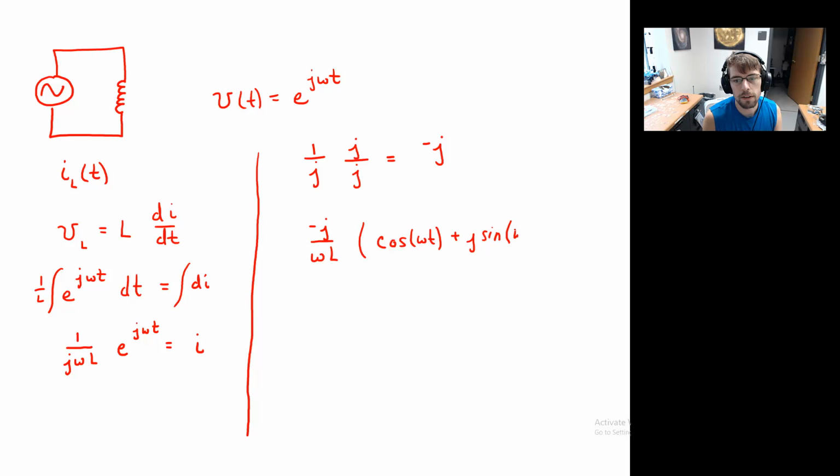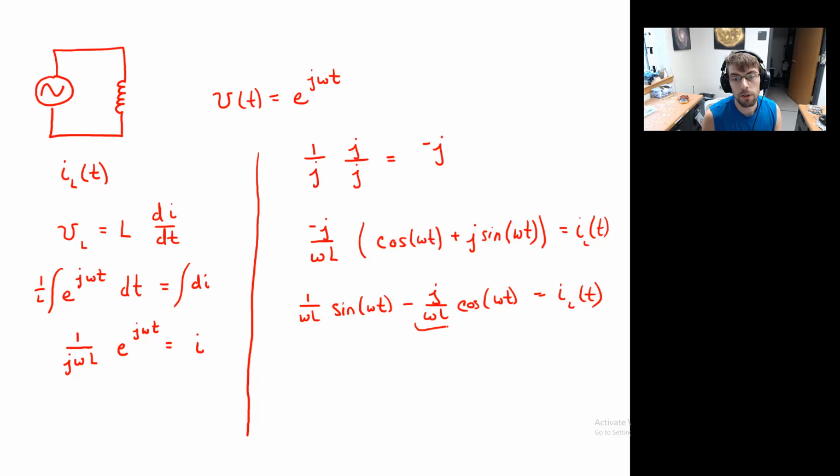Sorry, I keep hitting the delete button with my finger. We can multiply through, and again, you see what happens. We get 1 over omega L sine of omega t minus j over omega L cosine of omega t equals IL of t.